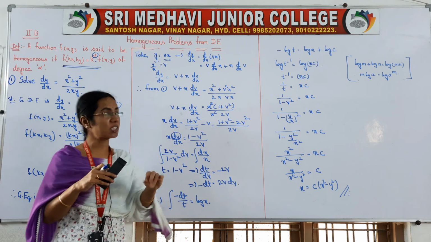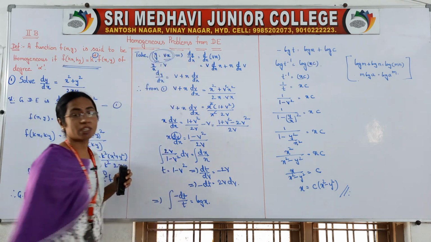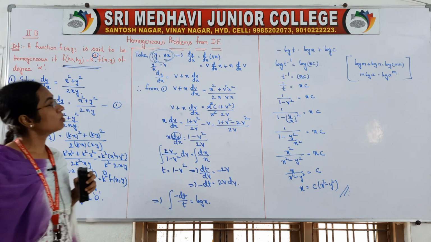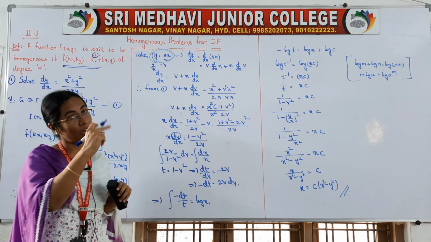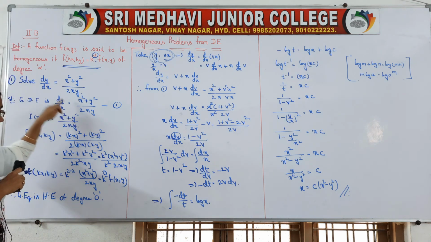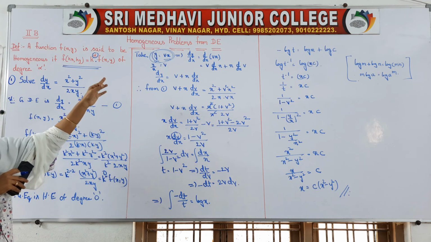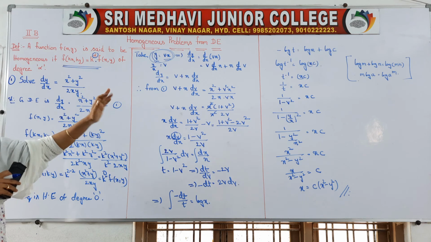Once it is homogeneous, we have to substitute in the given equation y is equal to vx, and with that we have to get our dy by dx also. This is our given equation. In this dy by dx is there, and wherever y is there we will substitute vx. With that y only we have to find dy by dx.